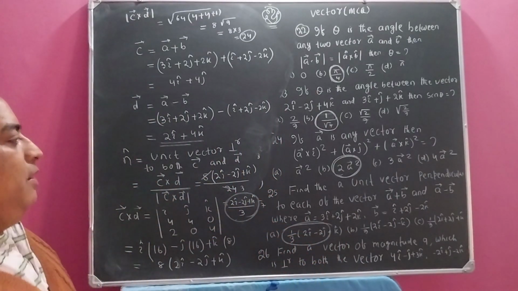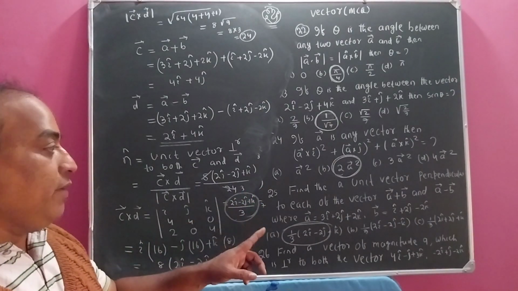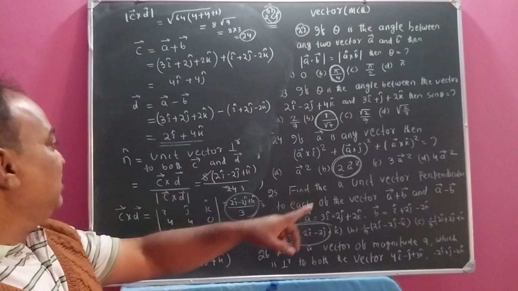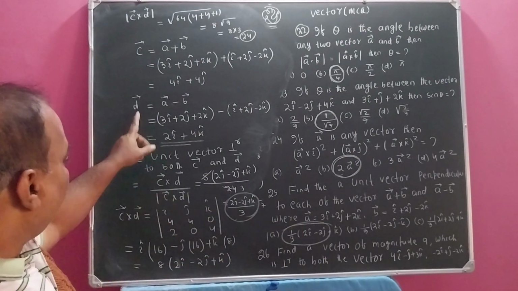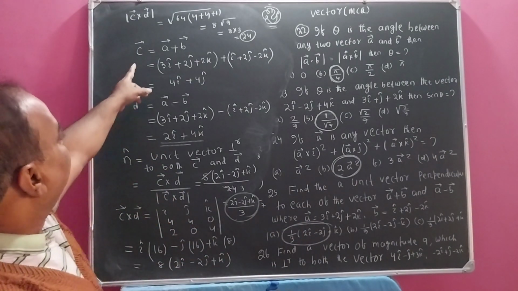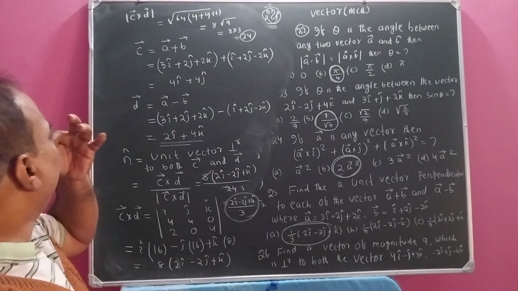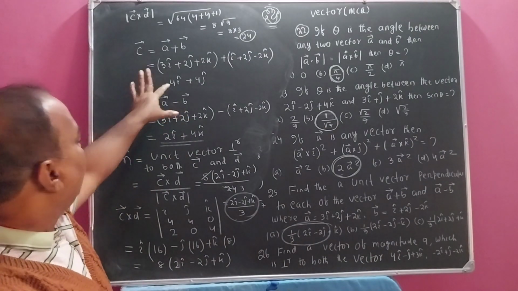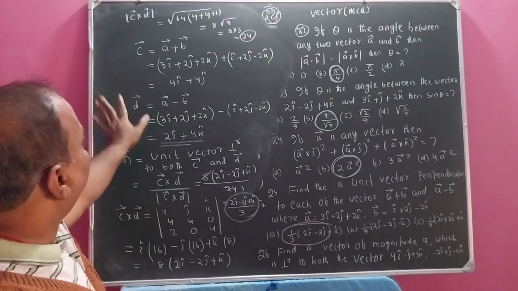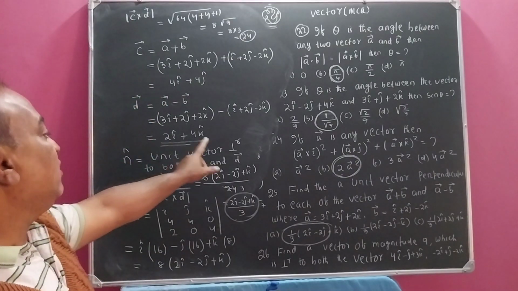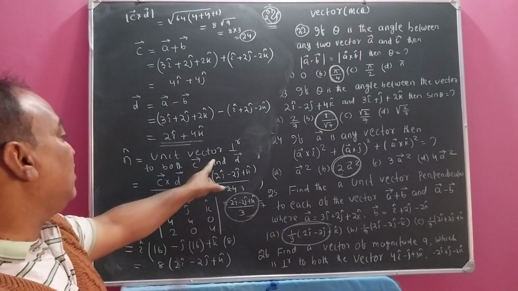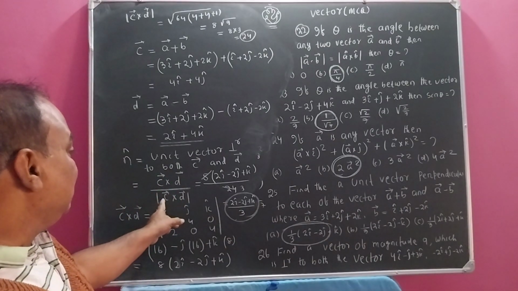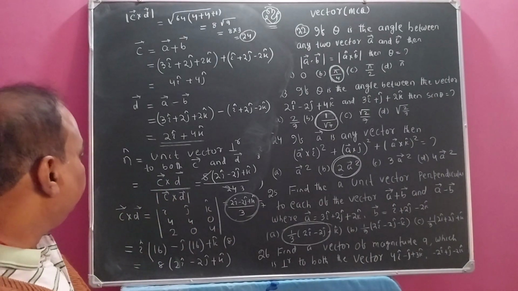Okay, the unit vector perpendicular to both vector a plus b and a minus b is found like this. Here I am taking c equal to a vector plus b vector, d vector equal to a vector minus b vector. After calculating the c vector and d vector, the unit vector perpendicular to both is given by the formula c cross d divided by the magnitude.